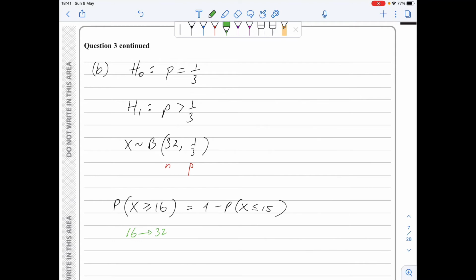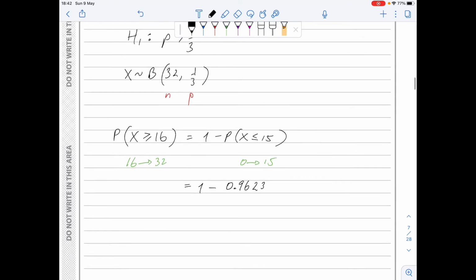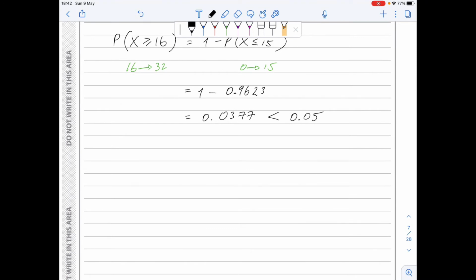Now less than or equal to 15 is like saying from 0 to 15. So that's 1 minus 0.9623, which is equal to 0.0377, and this is less than my level of significance. So this means that I have sufficient evidence to reject H0, so his claim is supported.